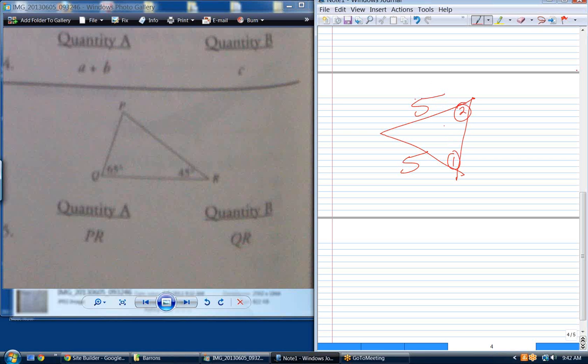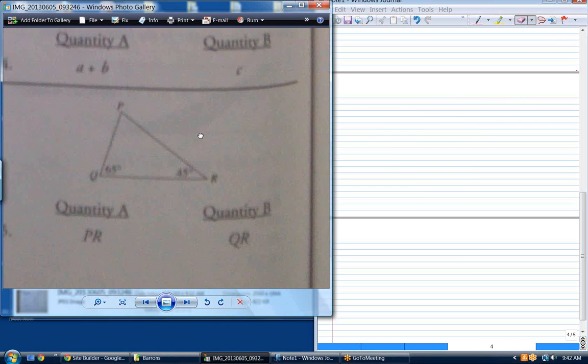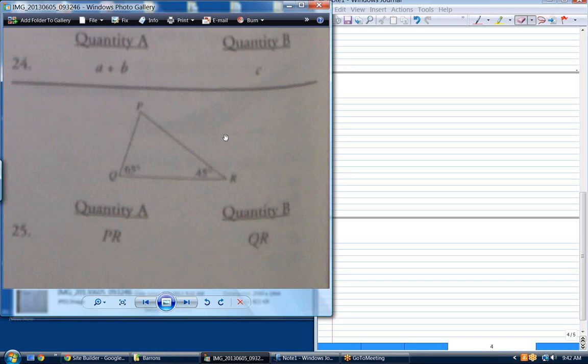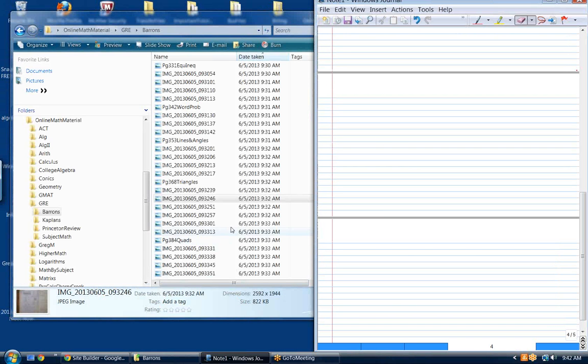So the angles opposite those sides have to also be the same. Okay, that's it for triangles.